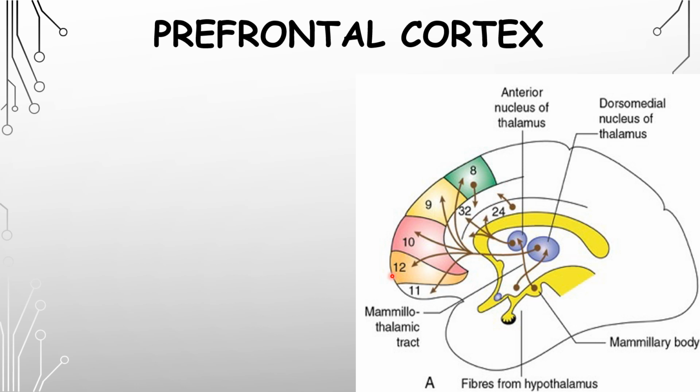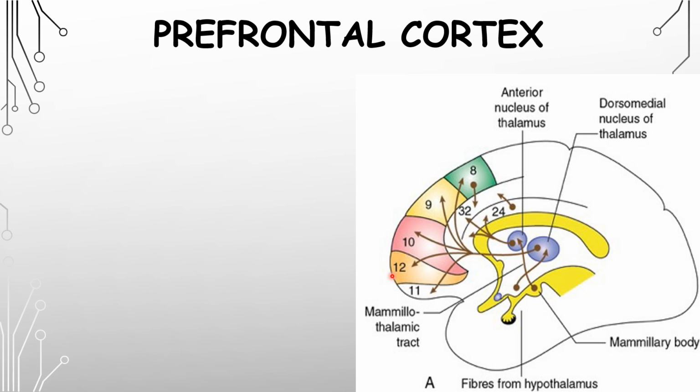Area 24 is located in the precallosal part of the cingulate gyri, which is on the medial surface, and area 32 lies in the cingulate gyri, and areas 44 to 47 lie in the inferior frontal gyri.